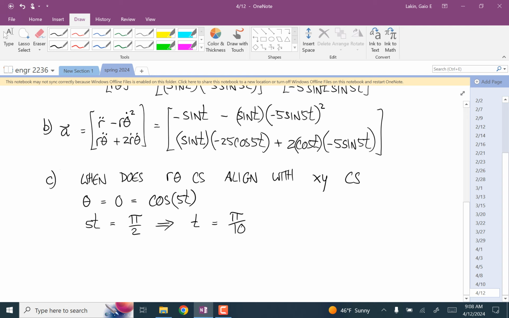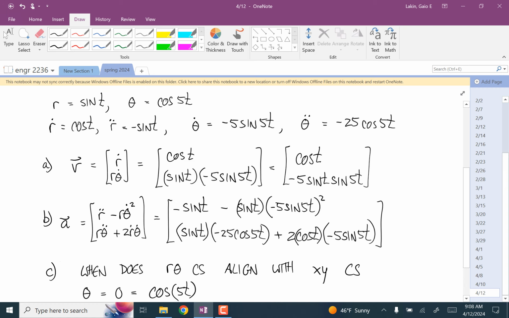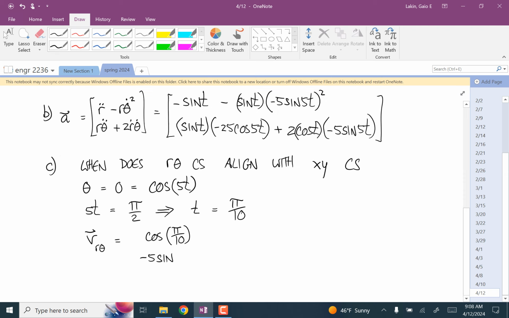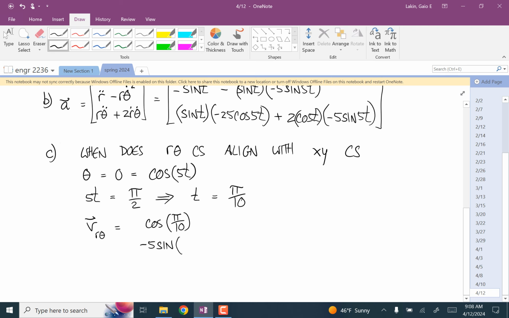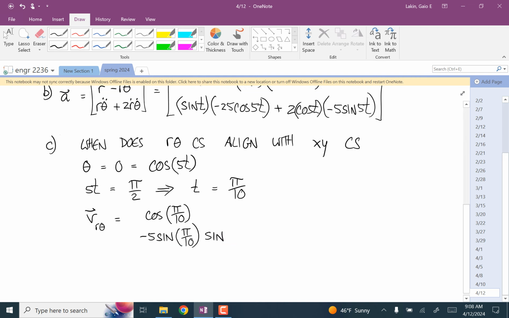So the velocity vector in the r theta, let me write it like this, is cosine of pi over 10, negative 5 times the sine of pi over 10 times the sine of 5 times pi over 10.